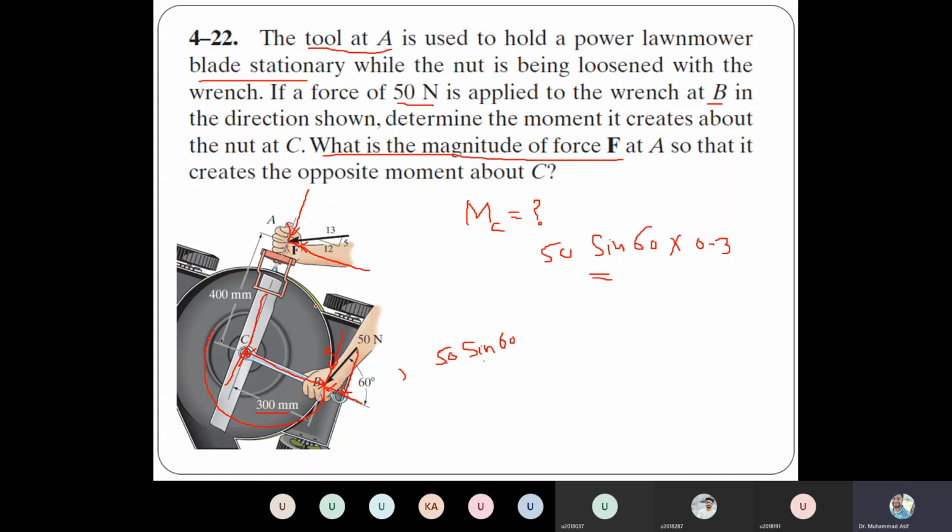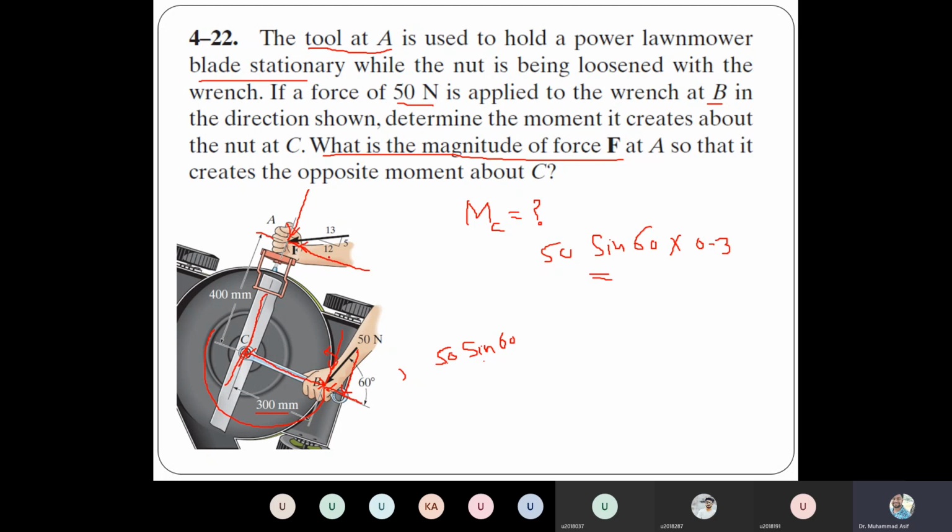Now, which component will have zero moment? This component, because it is along the line of action of C, so it will create no moment. But this component is perpendicular to this arm, to C, so it has a moment arm of 400 millimeter. What is the value of this component?